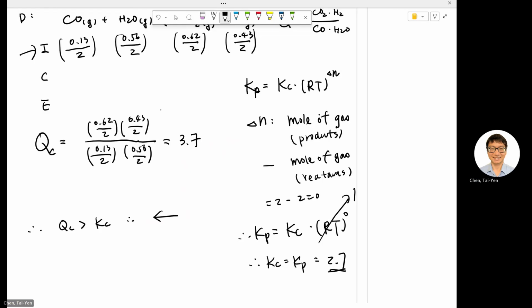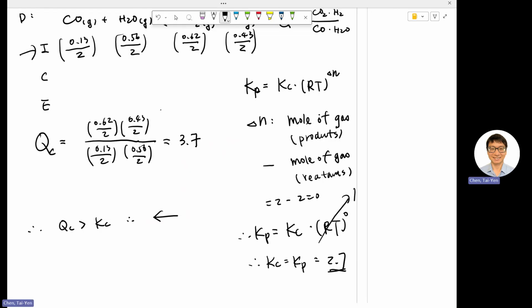There are a few points in these questions. Mainly, when you compare your K, make sure it's the same K. KC can only be compared to your QC, and KP only to your QP. So you should know whether the term you use to calculate your Q is a pressure or a concentration.